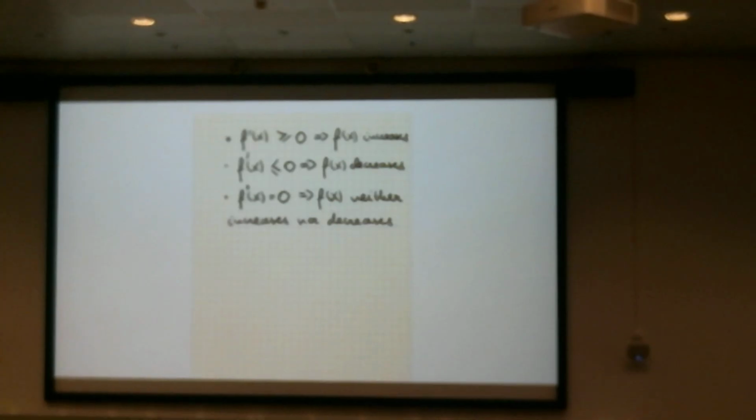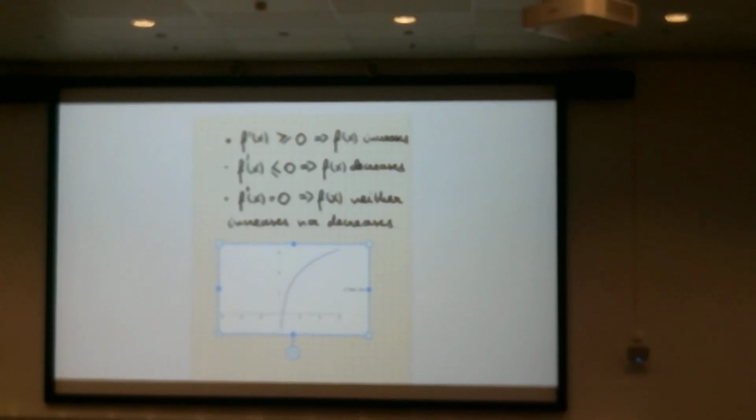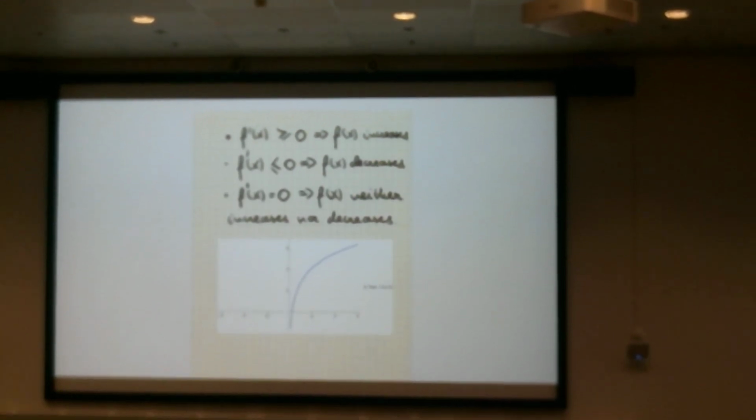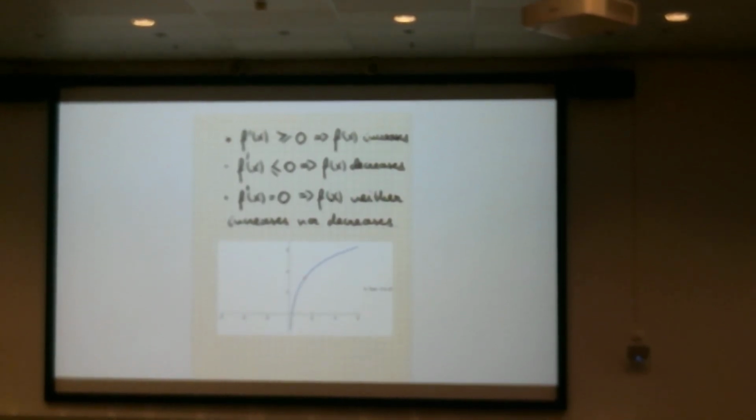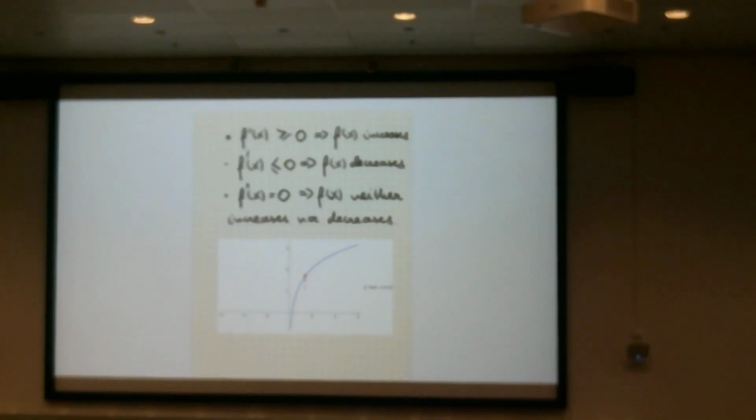Okay, why is it the case? So remember that a derivative is the slope of a tangent line, geometrically. So let's say I have a point somewhere here, right? So let's just call it the same graph that we have.